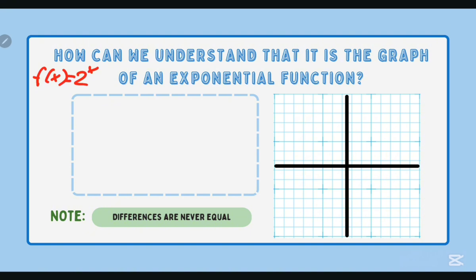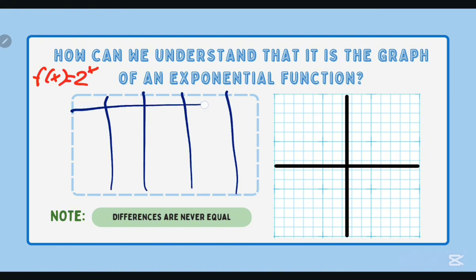Let's make a table with x and y values. I want to change color again. First, let's find x and y values.